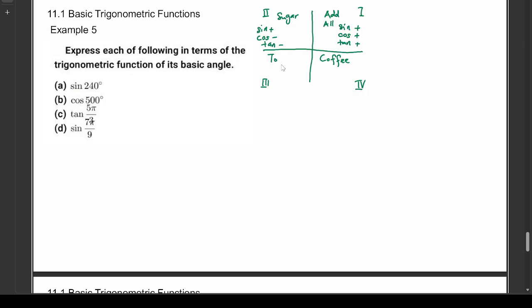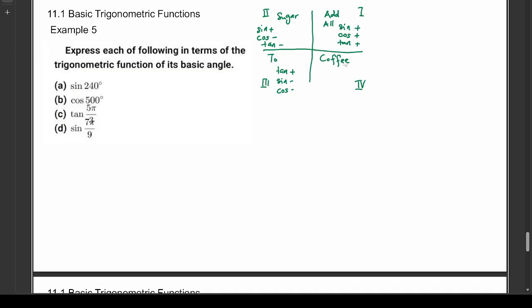And third quadrant, T, tan, right? Tan of angle between 180 to 270 will be positive, which means sine will be negative, cos will be negative.